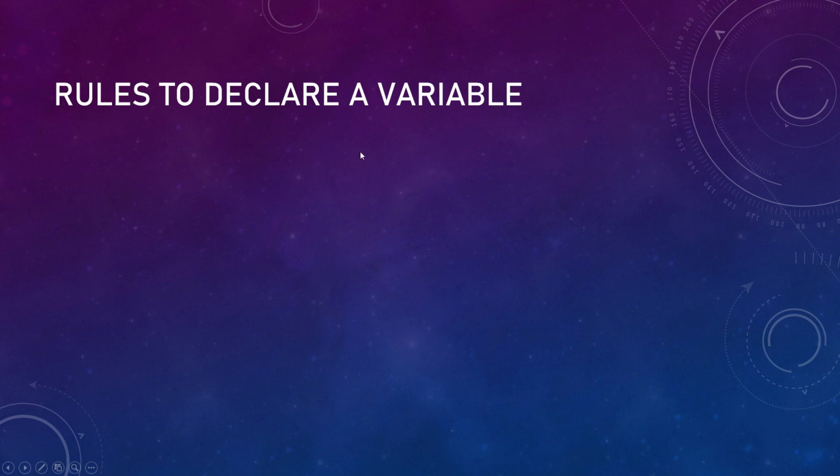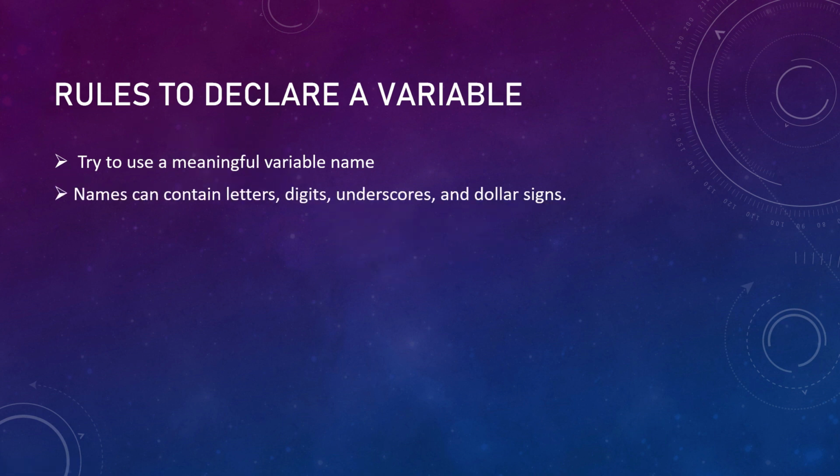We need to keep some points in mind while declaring a variable. We should always use a meaningful variable name. A variable name can contain letters, digits, underscores, and dollar signs.